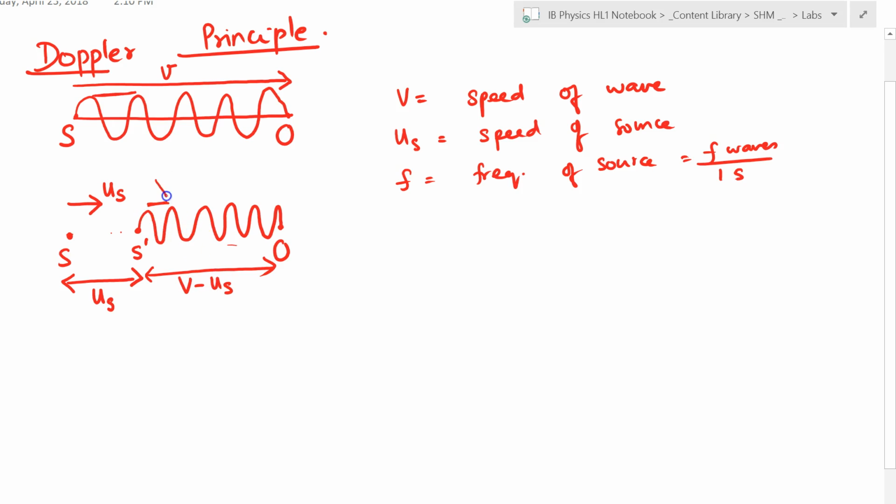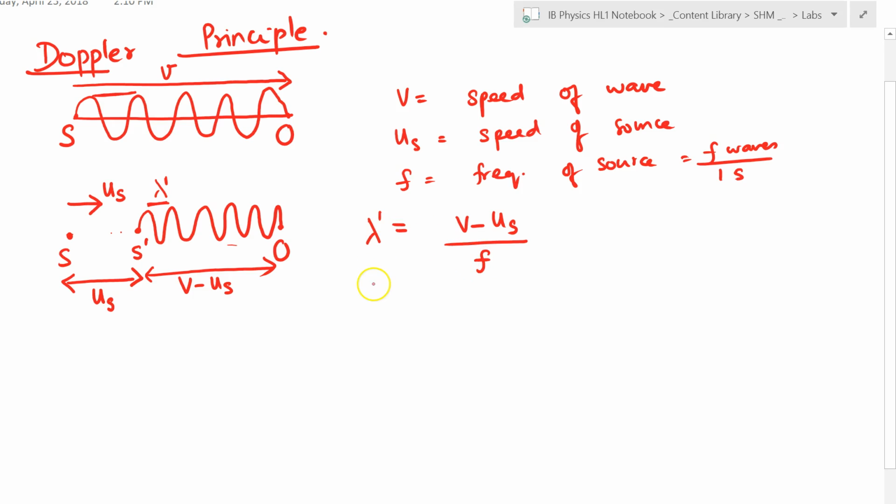So we can find this new shortened wavelength lambda prime as simply the distance V minus US divided by the number of waves present in that distance. This gives us the length of one wave, which is the new wavelength. So lambda prime equals (V minus US) divided by F.